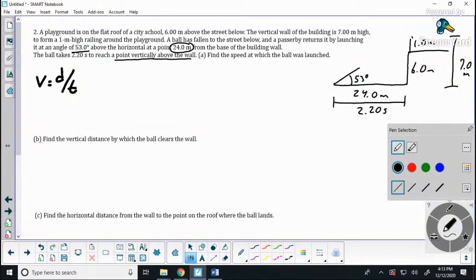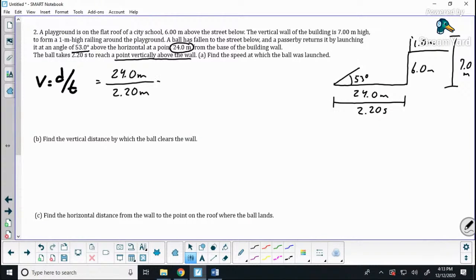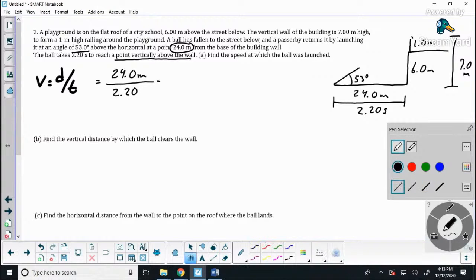Well, that distance, 24.0 meters, divided by the time it takes to travel that 24 meters, 2.20 seconds. And when I calculate that out, I find that's traveling at 10.9 meters per second.